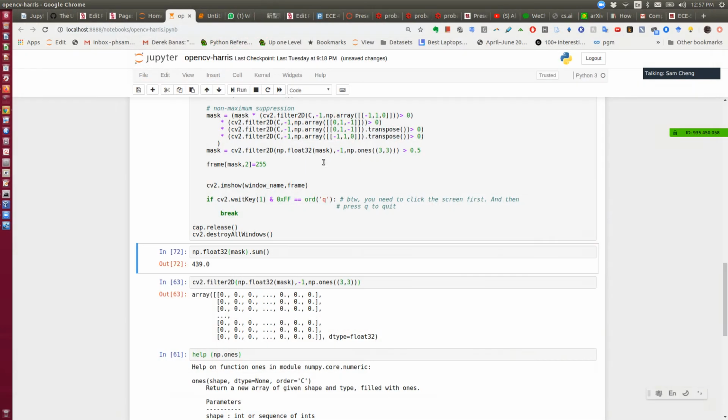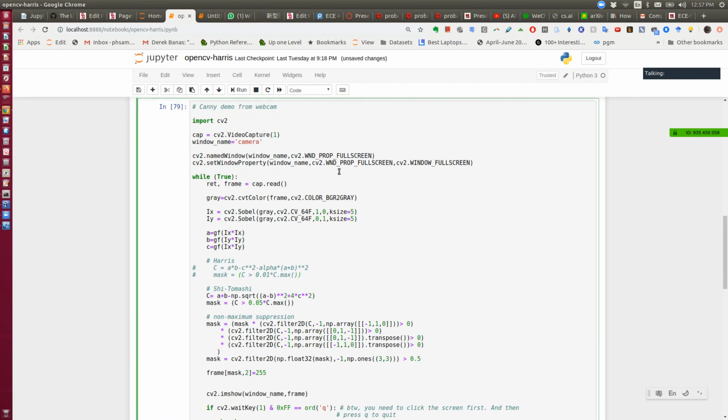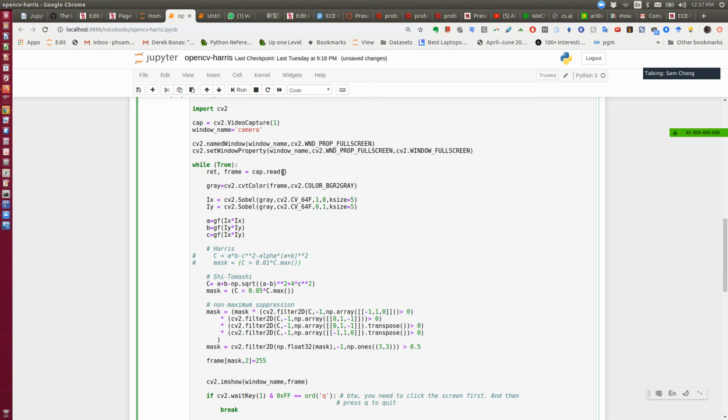So let me get out first. As you can see here, we should first change to grayscale, from our BGR to grayscale.